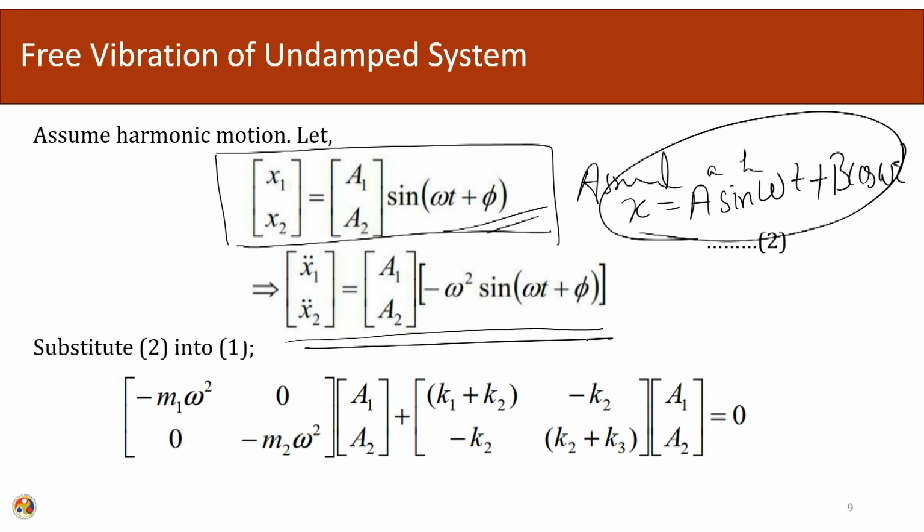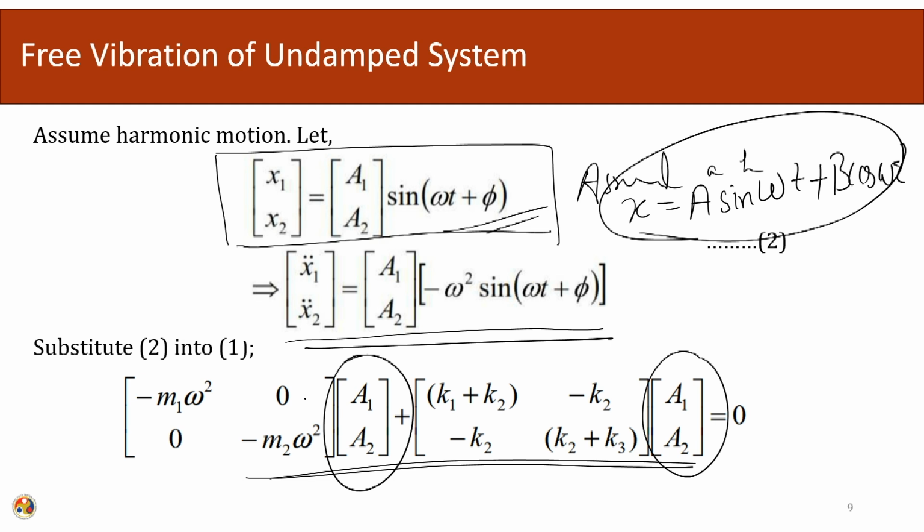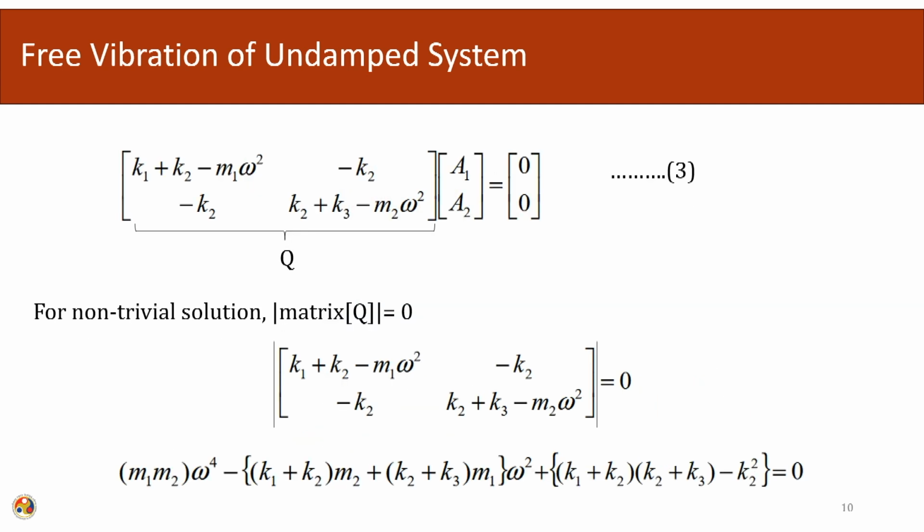Then we represent the acceleration in this fashion and we substitute this into our equation of motion. So, the only unknowns are a1 and a2. And this is our equation multiplied by a1 and a2 equals 0.